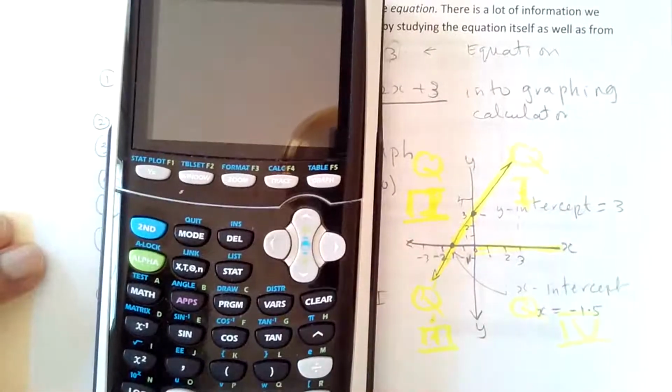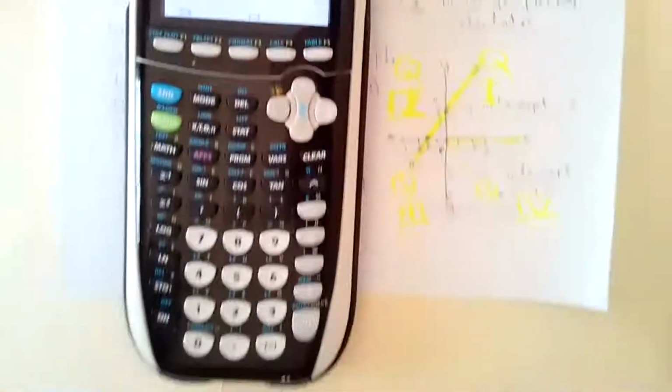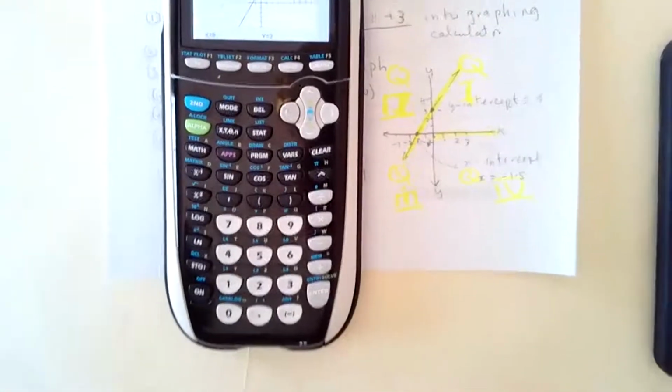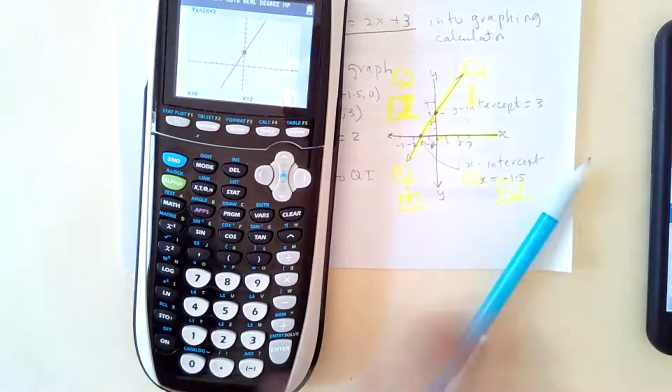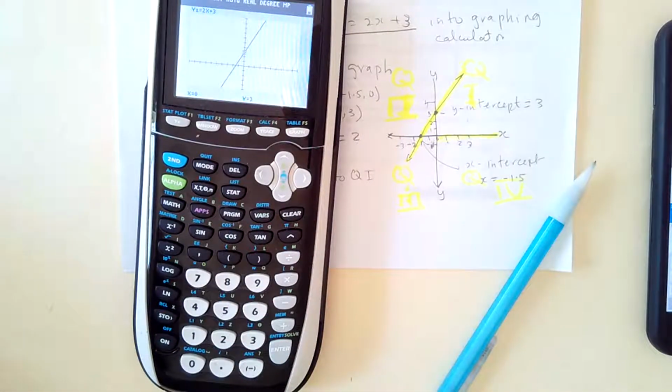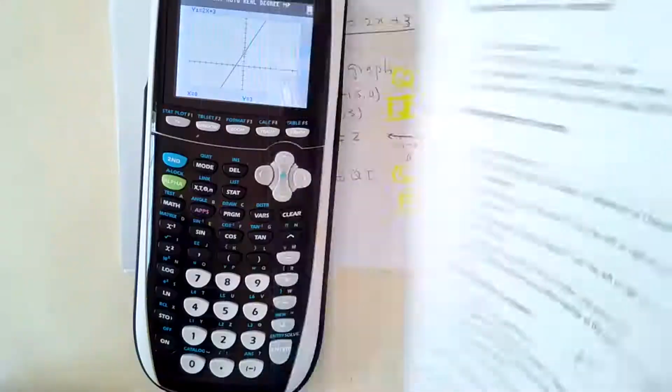Now, let's go to your graphing calculator. Now, Desmos, I showed you how to use your Desmos to find your intercept. Now, you'll have to go back to, if you remember, your sheet regarding using the calculator. And let me find mine. Okay, so look back at this sheet you needed.